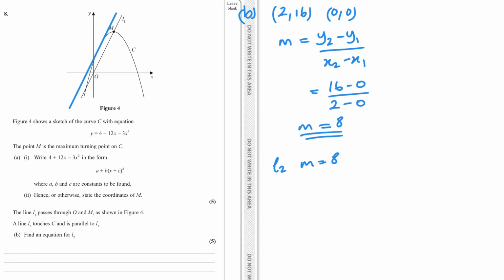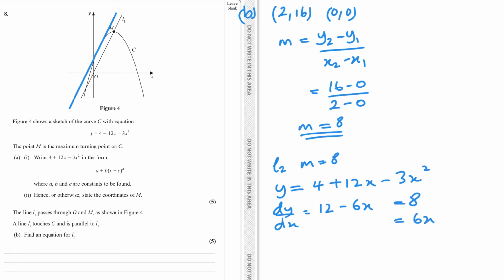So we actually do need to differentiate the curve in this case. So we know that y equals 4 plus 12x minus 3x squared. Differentiating this will give me 12 minus 6x, and I need to make this equal to 8. So that means that 6x is going to be equal to 4. x is 4 over 6, or 2/3.